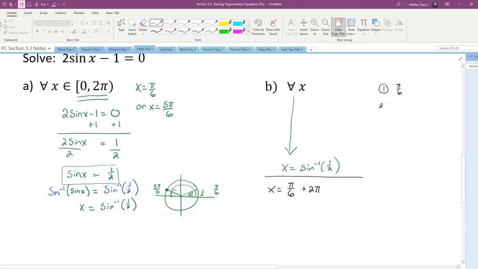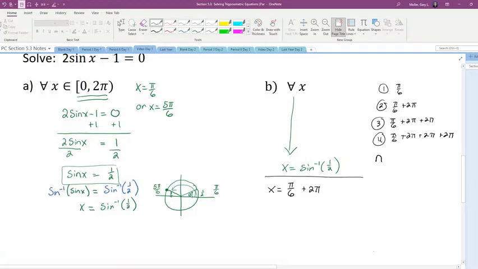A second answer might be pi over 6 plus 2 pi. A third answer might be pi over 6 plus 2 pi plus 2 pi. A fourth answer would be pi over 6 plus 2 pi plus 2 pi plus 2 pi, and then let's go around again. So I could do this an infinite number of times. I could do this n number of times.